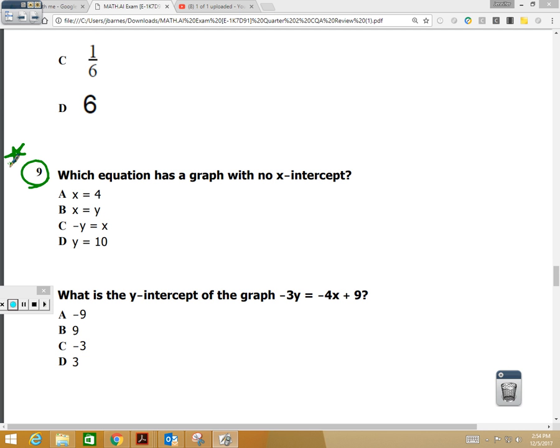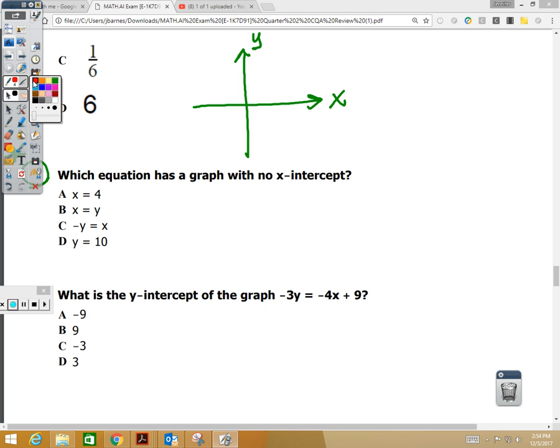So if this is a coordinate plane, and this is our y-axis and this is our x-axis, the only time that it would ever be possible for something not to intersect the x-axis would be if we have a horizontal line. A horizontal line is not going to intercept the x-axis no matter how long it goes from left to right.